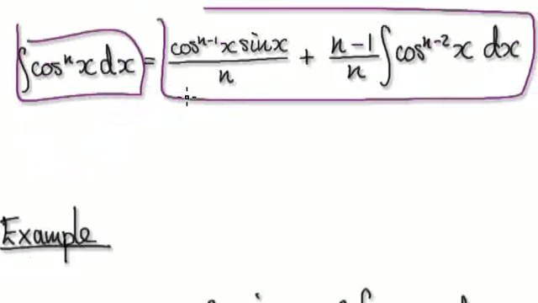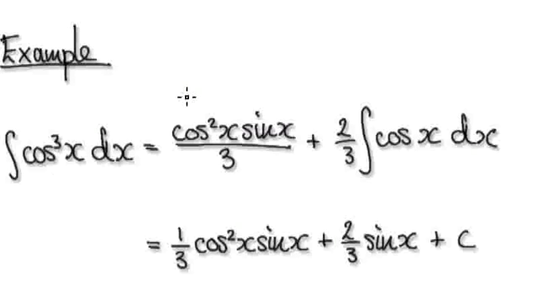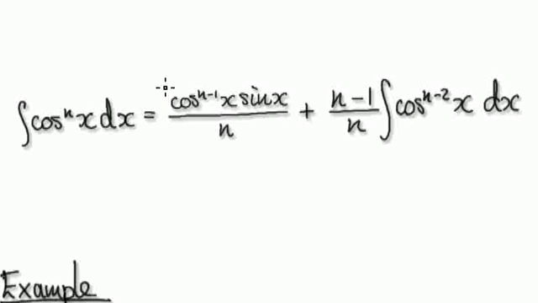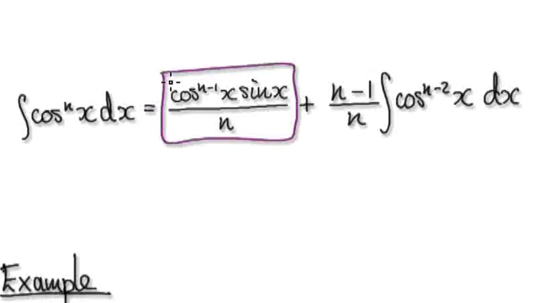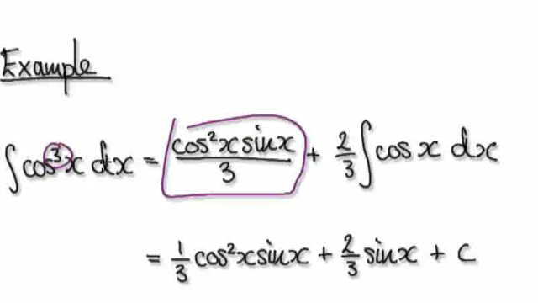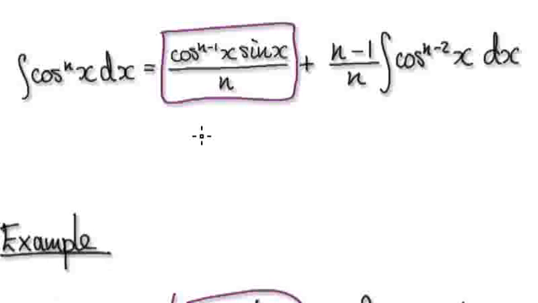So let me give you an example. An example is cos to the power of 3 of x. If you want to integrate this, if you follow this reduction formula, this thing here will become this. Don't forget n here is n, and here you've got n minus 1.